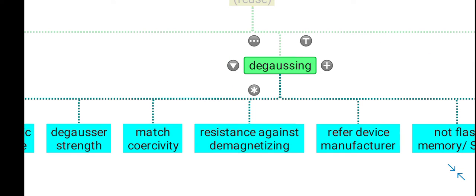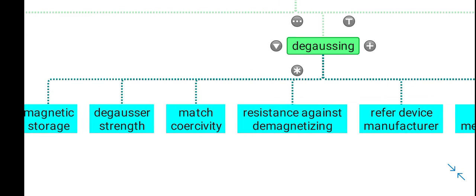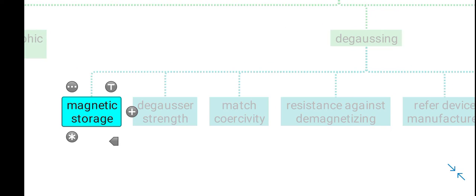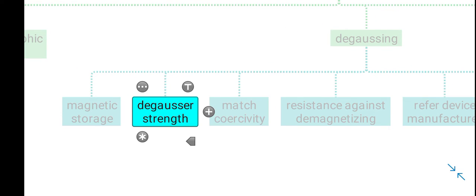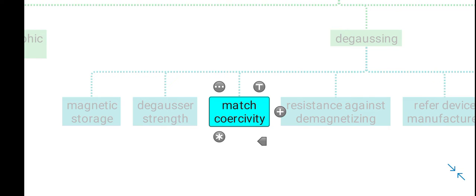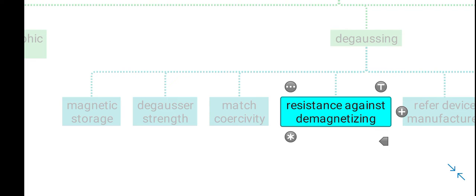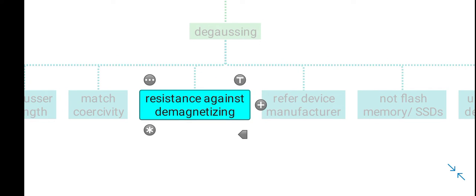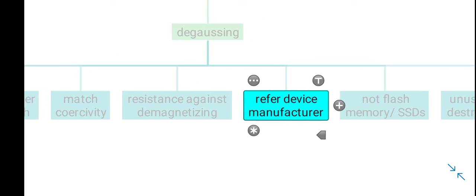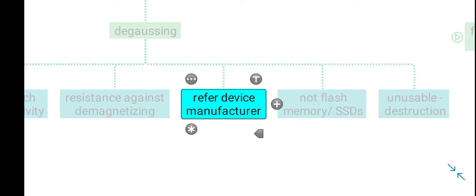So this degaussing technique is related to magnetic storage, and you have to adjust the strength of this tool as per the coercivity of the magnetic media. Coercivity is the resistance against the demagnetization process. For that you may refer to the device manufacturer.